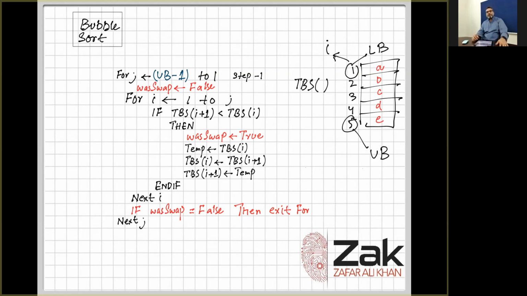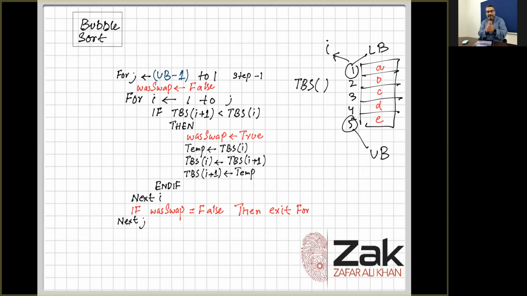Now, what you have seen over here is that in the outer loop we have gone from upper bound minus 1 to 1 in reverse order, and for the inner loop we have gone from 1 to the outer loop's current count, and we have used a flag inside it. Now it is fully efficient because we have made use of a flag which would not let this loop work any further if the array, in the middle or in the start or at any point during the execution of the program, is sorted.